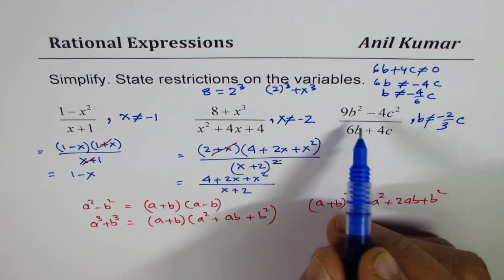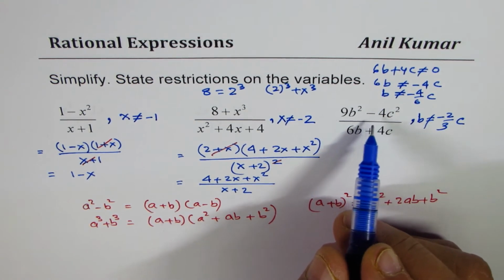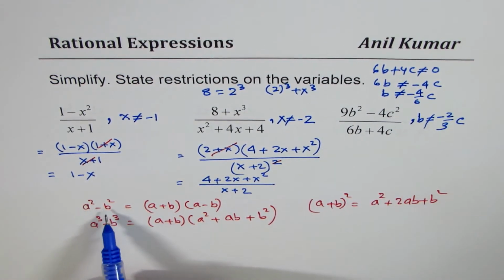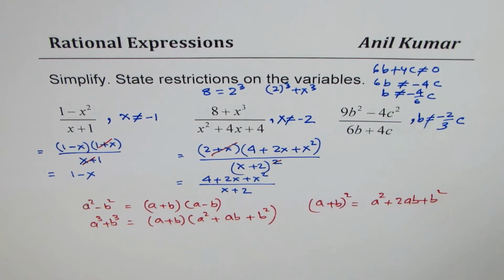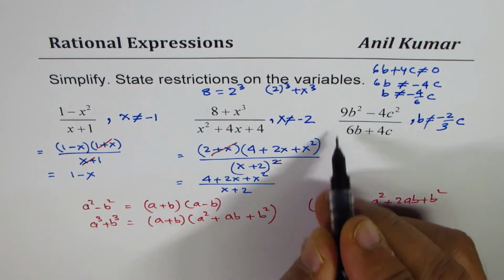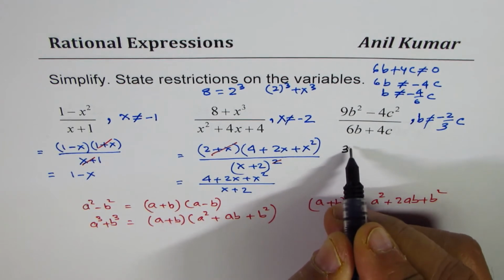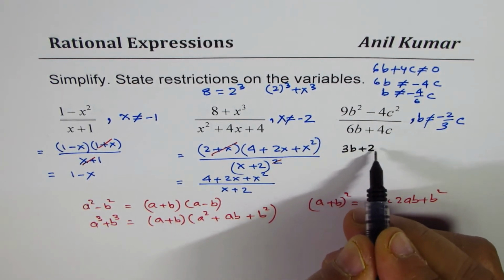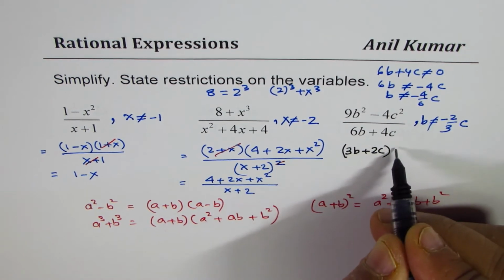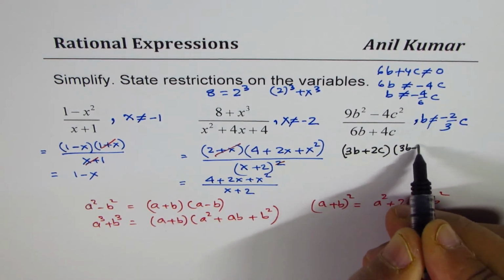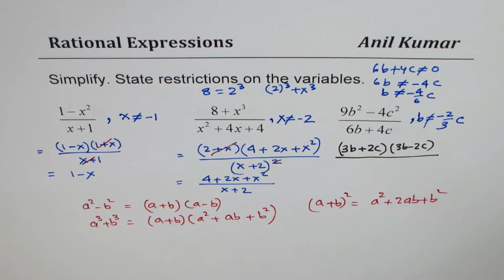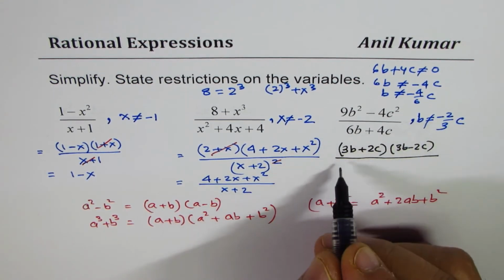So let's move ahead and factor. 9b square minus 4c square is example of difference of squares. We could factor this as 3b plus 2c times 3b minus 2c, right? Because 3 square is 9, correct? Divided by what? 2 is common, correct?